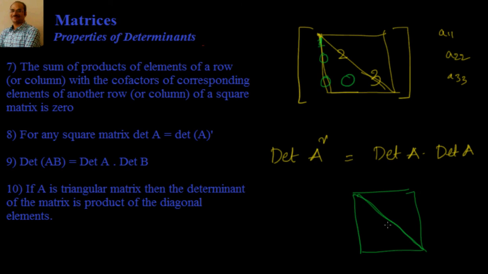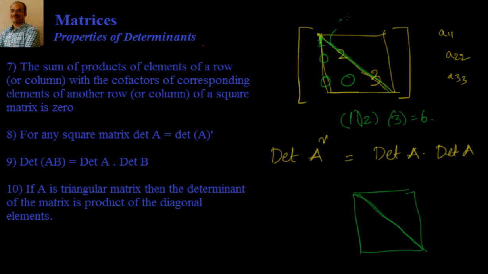If elements are 0 on one side, it is called a triangular matrix. If on the upper side all are zeros, then it is a lower triangular matrix. If on the lower side all are zeros, then it's called the upper triangular matrix. Now for any triangular matrix, the determinant is the product of the diagonal elements. In this case it is 1 into 2 into 3, that's equal to 6.